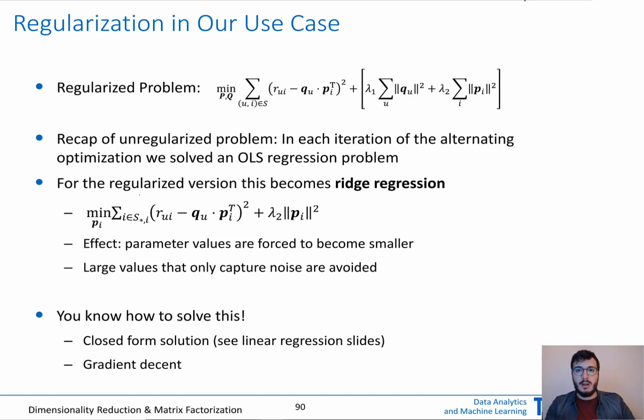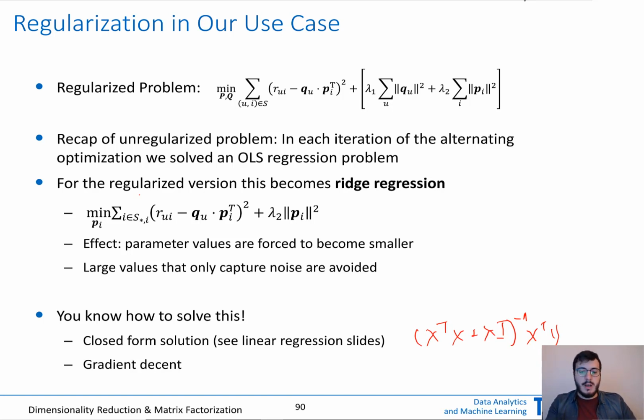You can look at the linear regression slides, but just as a reminder, the solution will be something like (X transposed X plus lambda I) inverse X transposed y, where we now have this additional term which comes from the regularization.